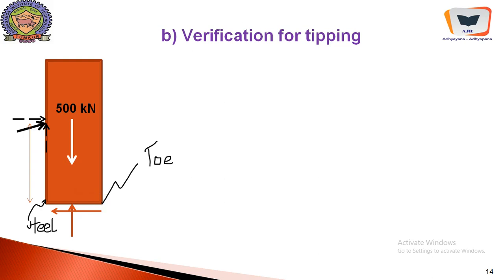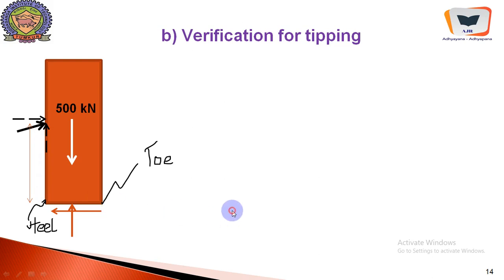If it is not rotating, the reason is the gravity, the self weight of this cupboard. This self weight can rotate in the anti-clockwise direction with a moment arm equal to 1.2 by 2. As far as these forces are concerned, this force has a moment arm of 0.8 and this force has a moment arm of 1.2 meters, the width of the cupboard.